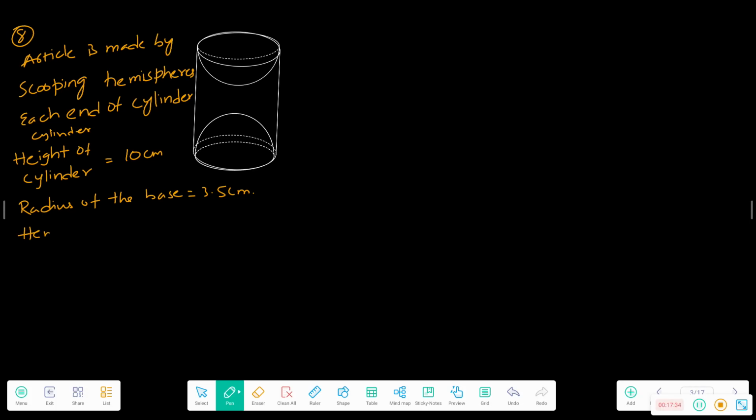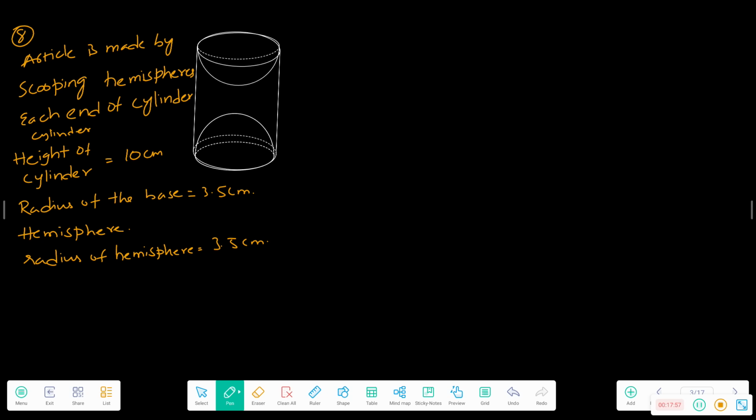Now let us take the hemisphere. For the hemisphere it will also be the same, so the radius of the hemisphere is also equal to 3.5 centimeter. Now what did he ask to find?